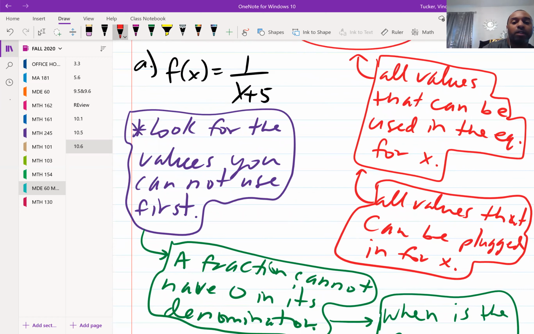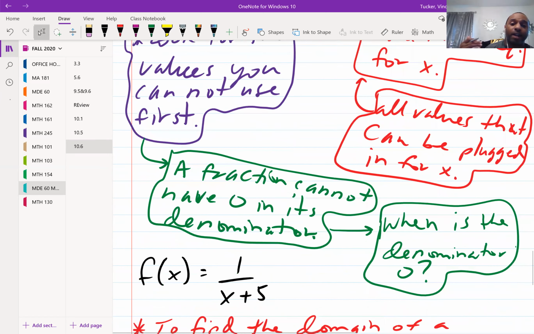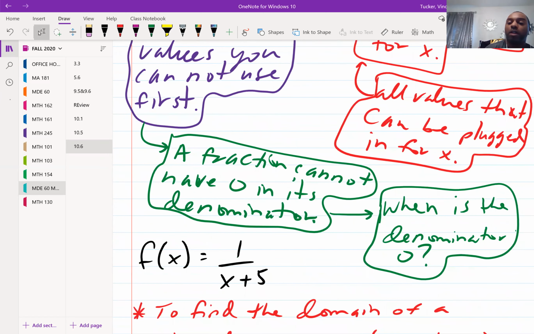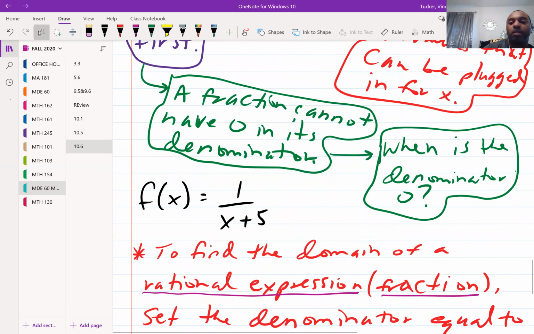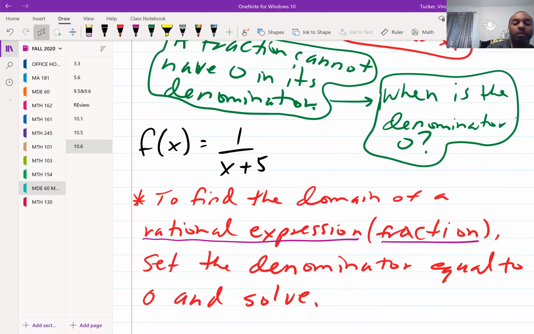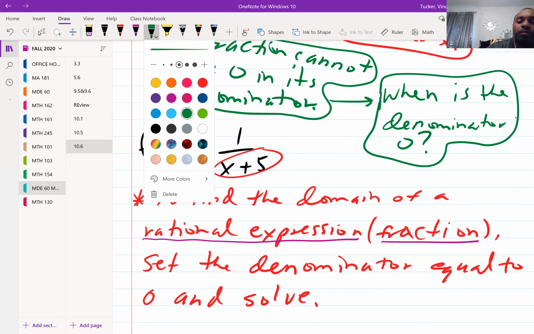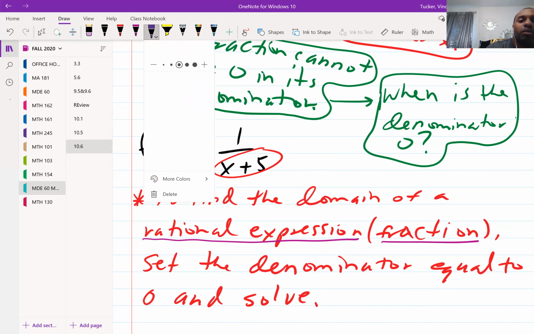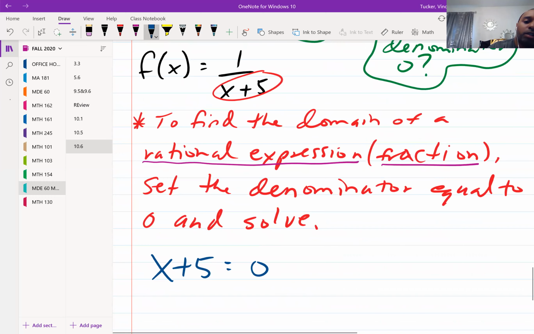Now when we're looking at this fraction, a fraction cannot have zero in its denominator. That gives us undefined. So when is our denominator zero? In order to find that out, we set the denominator equal to zero and solve for x. So x plus 5 equals 0.